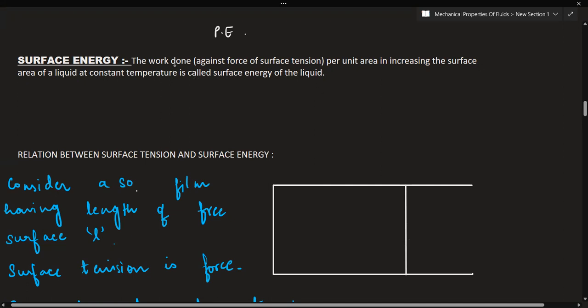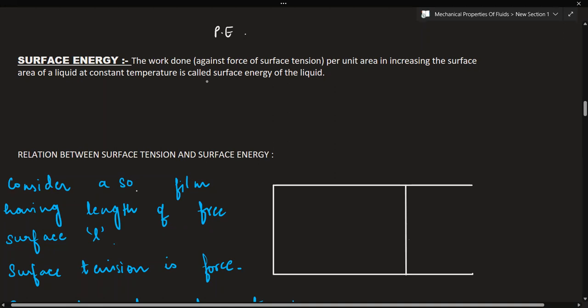Or you can say the work done against the force of surface tension per unit area in increasing the surface area of a liquid at constant temperature is called surface energy of the liquid. This is also known as the free surface energy because mechanical work done can be released when the surface contracts. So what is surface energy?